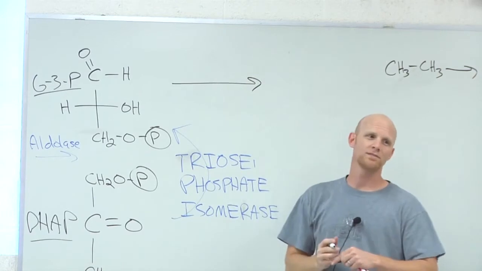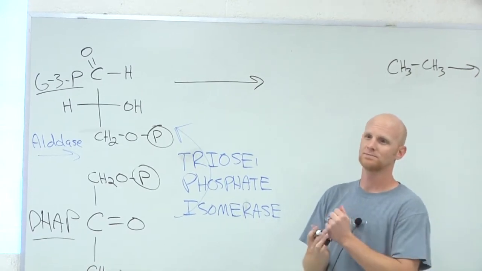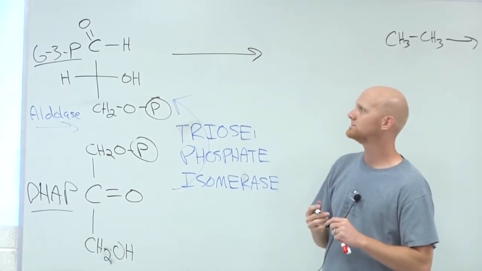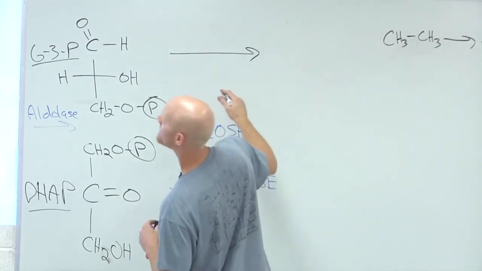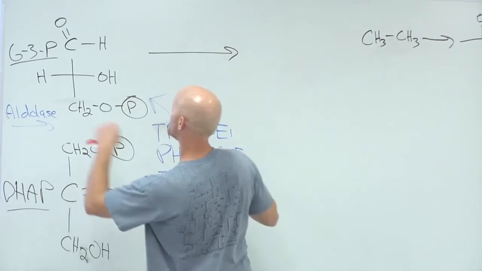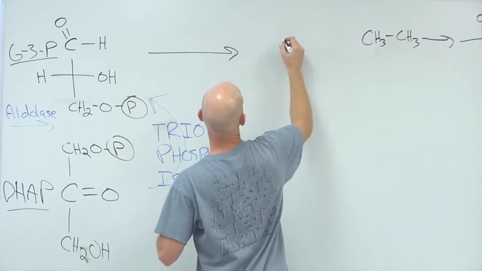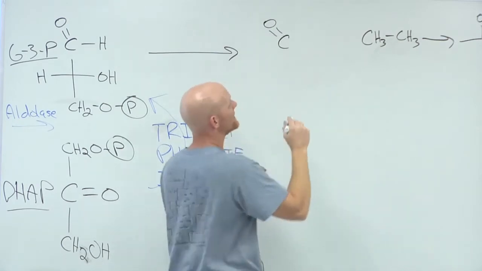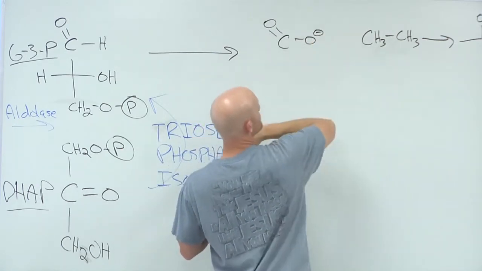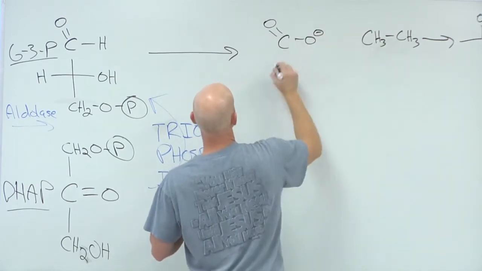So what do we end up with after the next step? So, cool, what am I looking at? 1,3-bisphosphoglycerate. So our glyceraldehyde is no longer an aldehyde, it's a carboxylate. So we'll come back to that in a sec.